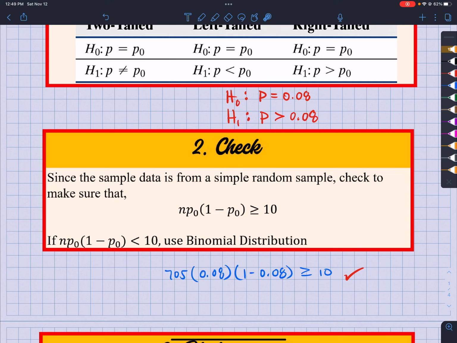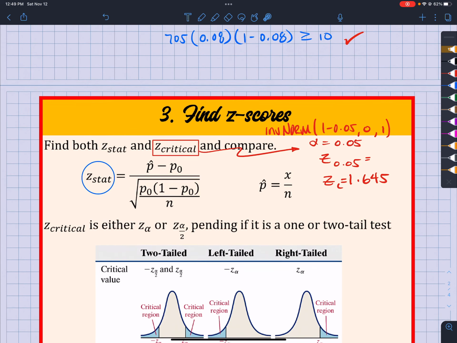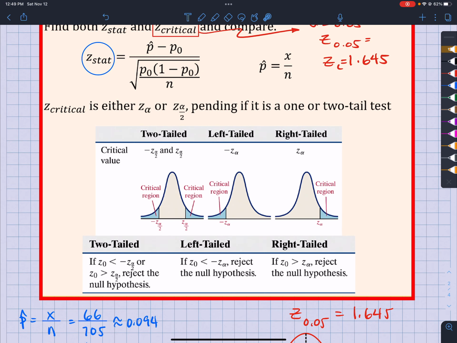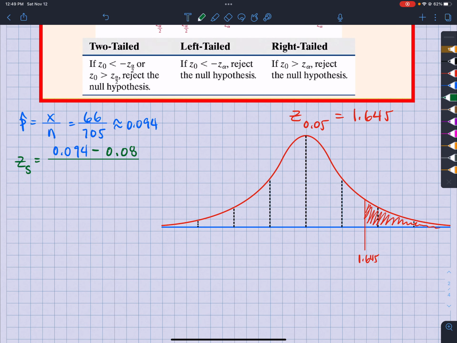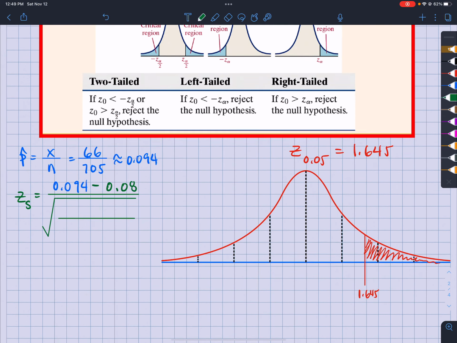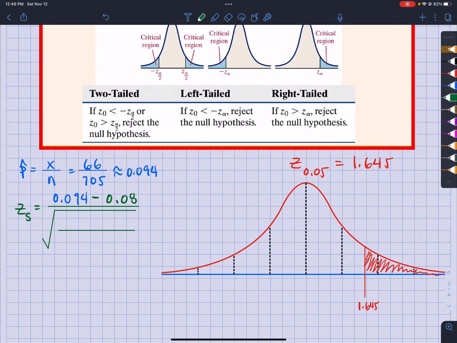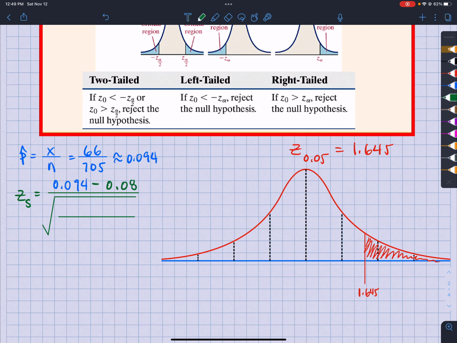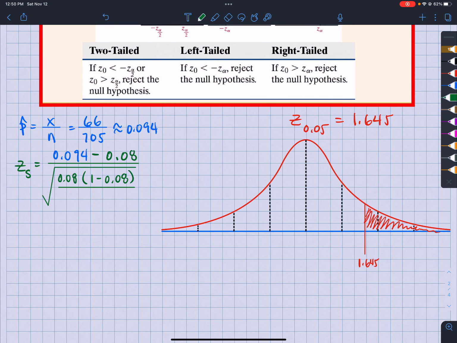That's what's given. Divided by all of that. Okay. So I have the square root of p naught. So that would be what? 0.08 times 1 minus 0.08 and divided by n. Okay.